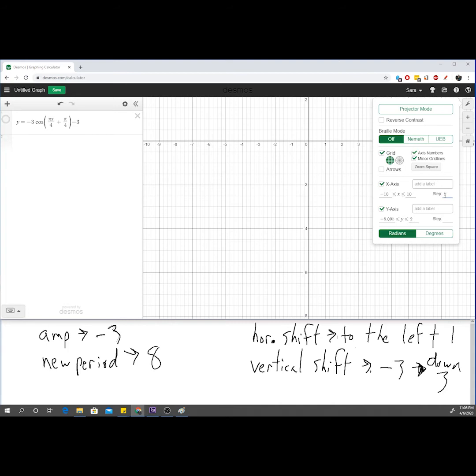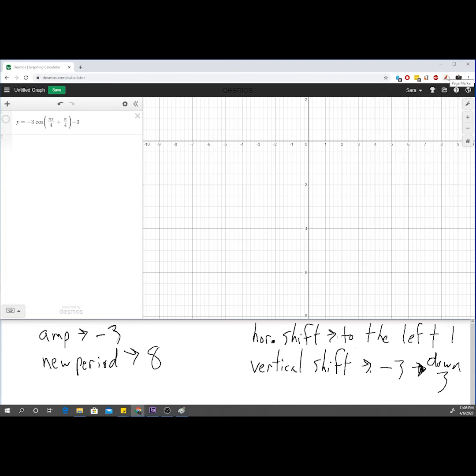Here, if I go by ones, I think that would be wonderful. So start again by graphing just the amplitude and new period change. So in other words, I'm going to graph just y equals -3 cosine pi x over 4.